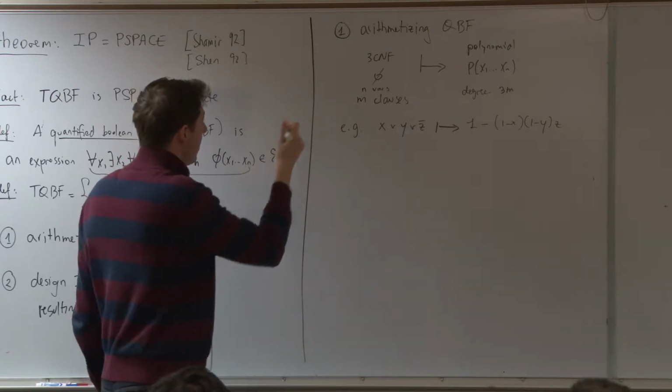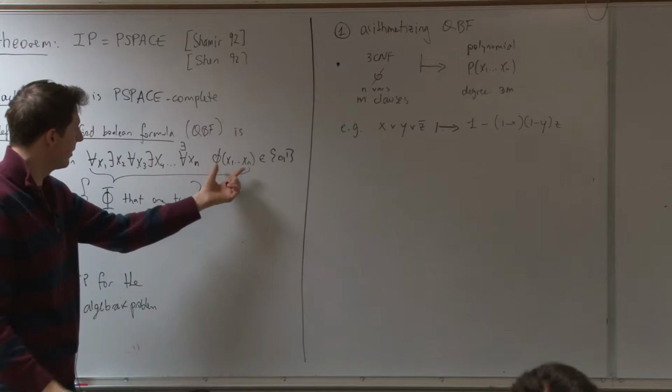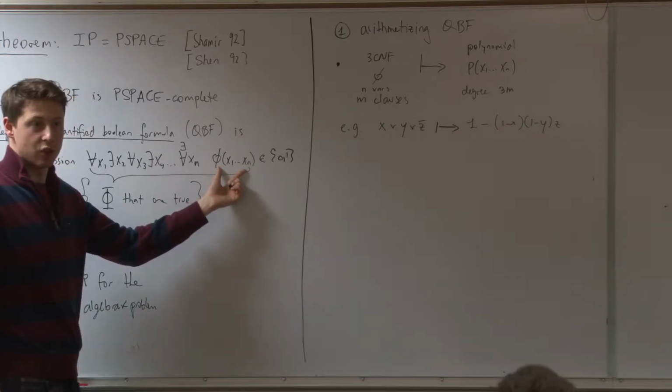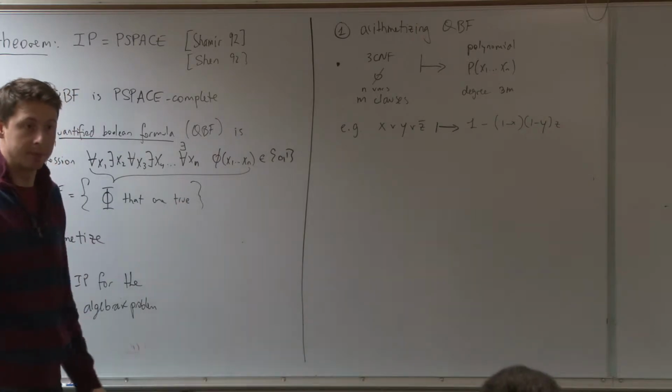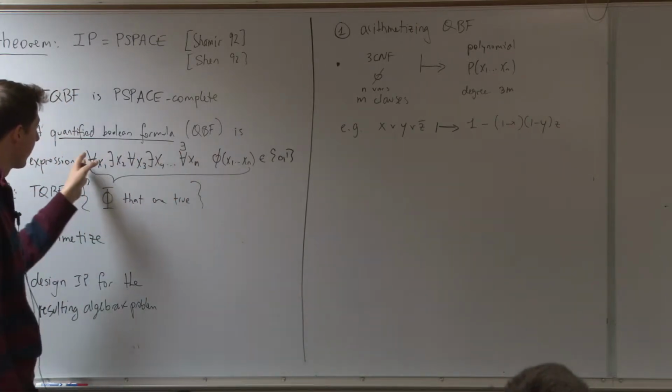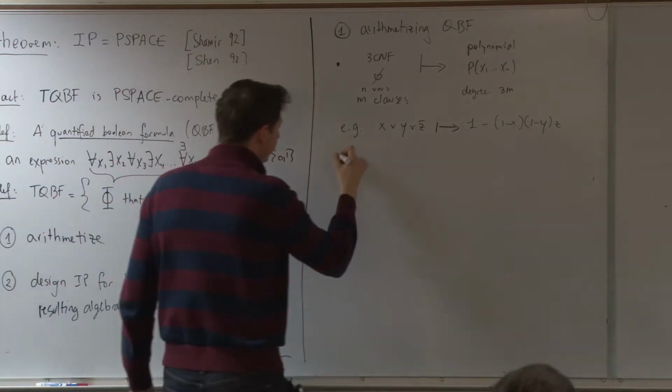So right now, let's say that for the first part of arithmetization, we're going to just take this part and replace it by an arithmetic circuit that realizes the polynomial p. Okay, but we have a few other things to do here, right?